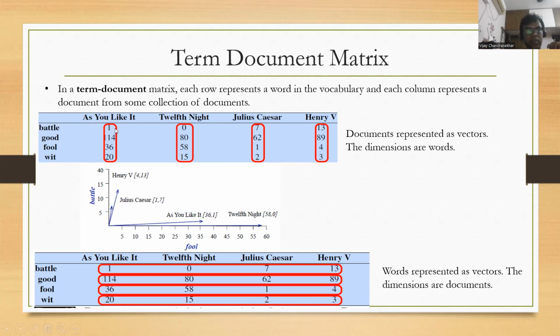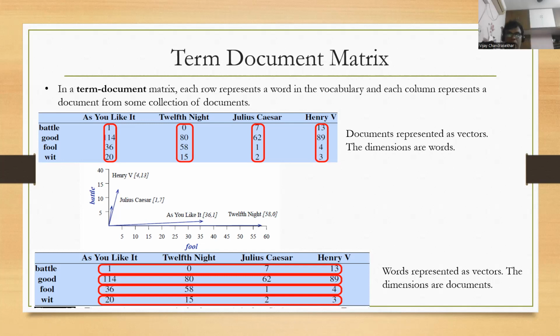What you see as numbers here is the number of times a particular word occurs in a document. The document is the book: As You Like It, Twelfth Night, Julius Caesar, Henry V.